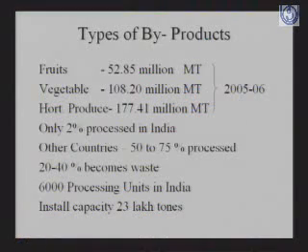Let us first see the types of byproducts. Before going through the types of products, I would like to give you the data. What are the production statistics? In India, in 2005-2006, fruits were produced 52.8 million metric tons, vegetables 108.20 million metric tons, and total horticulture produce, including fruit and vegetables, spices and other commodities, was in the range of 177.41 million metric tons.